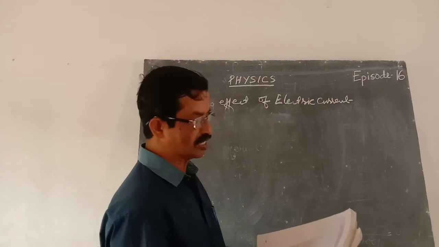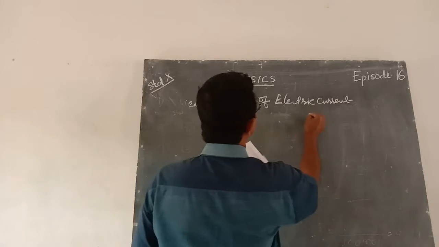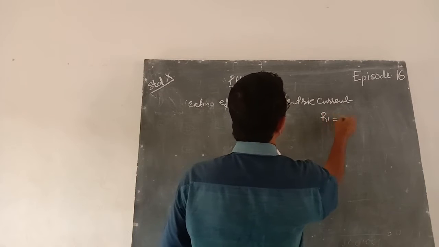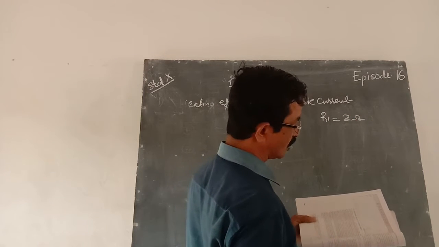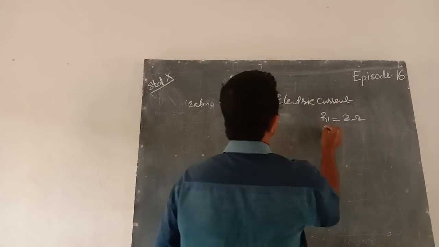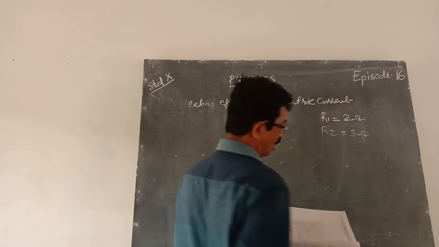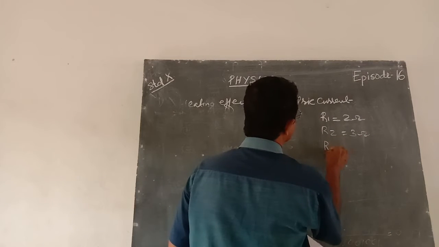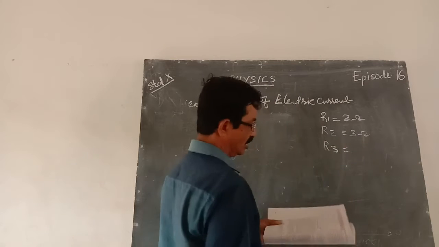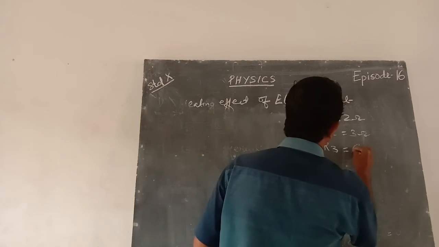Here three resistors are given. The first resistor has resistance R1 equal to 2 ohm. The second resistor has resistance R2 equal to 3 ohm. And the third resistor has resistance R3 equal to 6 ohm.